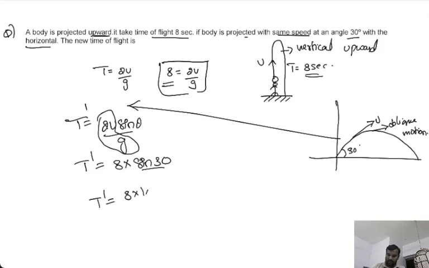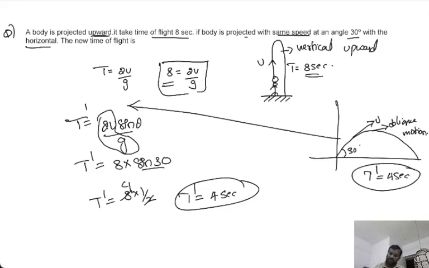So 8 into 1 by 2, 2 ones are 2, 2 fours are 8, giving T dash equal to 4 seconds. Here you observe in the oblique projectile motion, T dash is 4 seconds, but in the vertically upward motion, it takes 8 seconds.